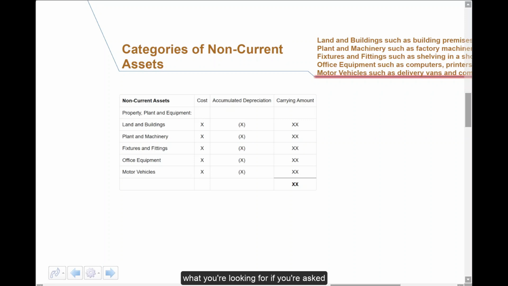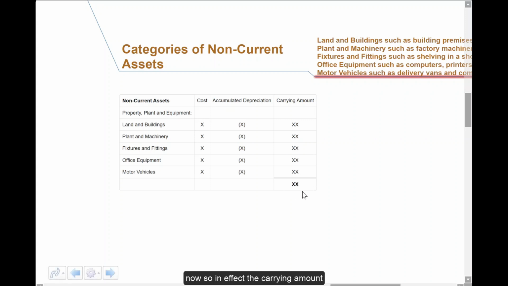So if you're asked to analyze non-current assets in a set of financial statements, you're looking at: what was the original cost? What's the accumulation to date of depreciation? And therefore, what's the business's estimate of the net book value now?